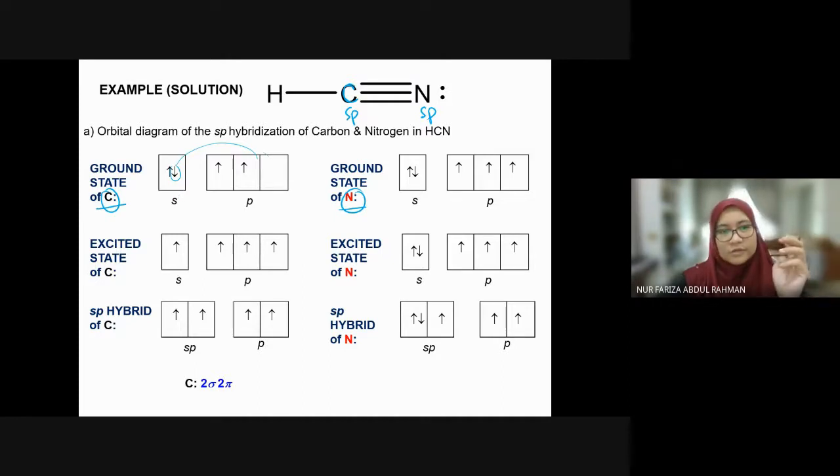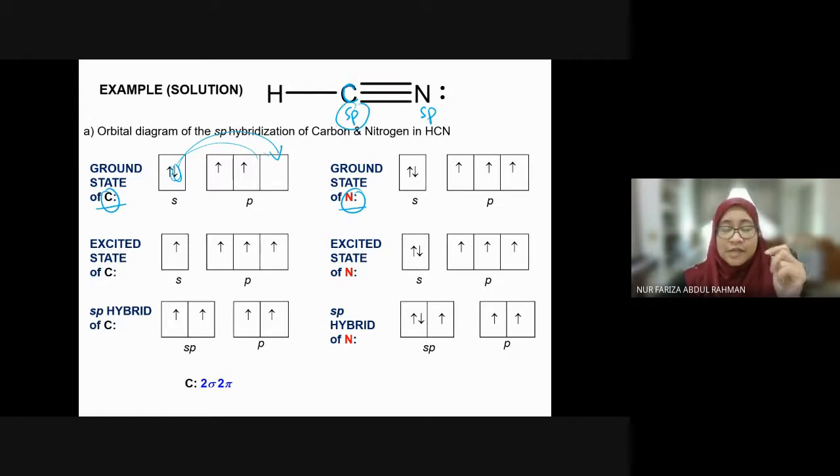So one of the electrons from the s orbital will be excited into the p orbital. We have s and p all having unpaired electrons. But remember, be careful. What we want is only sp. We do not want to take all of them as sp3.